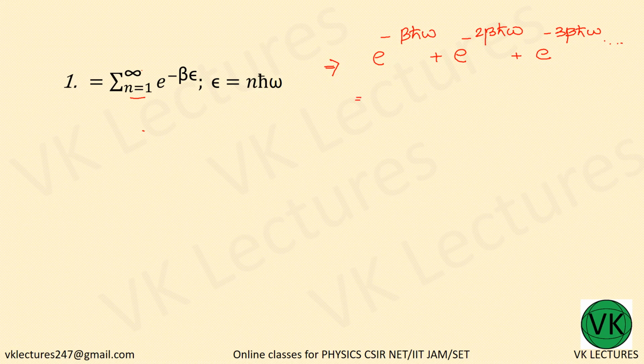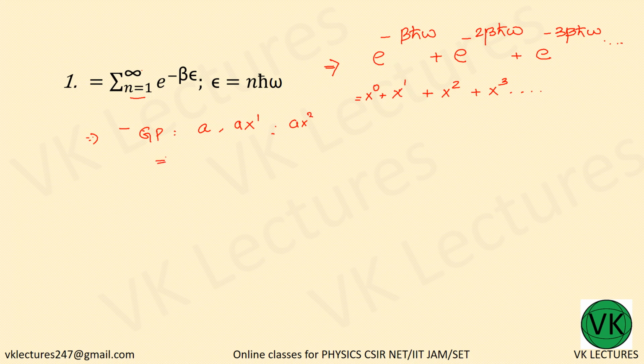Now this is of the form x to the power 1 plus x to the power 2 plus x to the power 3, etc. So here x to the power 0 is missing, there is no 0 but all others are there. So this is a geometric progression, x to the power 1, it goes on like that, right?